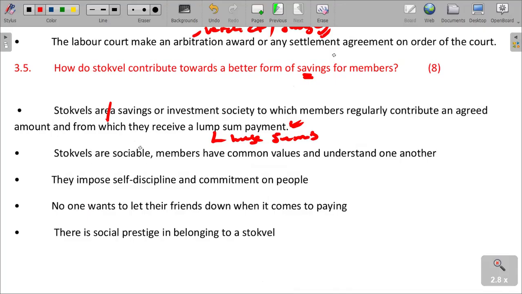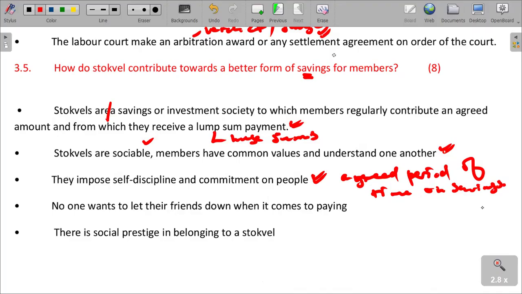Stokvels are sociable. Members have common values and understand one another. Therefore, they are good savings because members are able to settle disputes and differences without dissolving the Stokvels. They impose self-discipline and commitment on people. Therefore, people cannot waste money. Money is kept for an agreed period of time on savings.